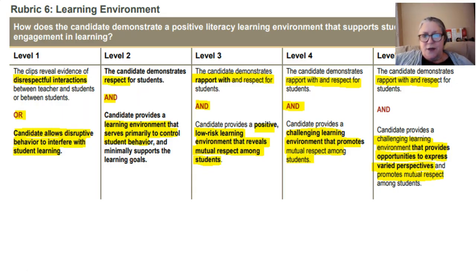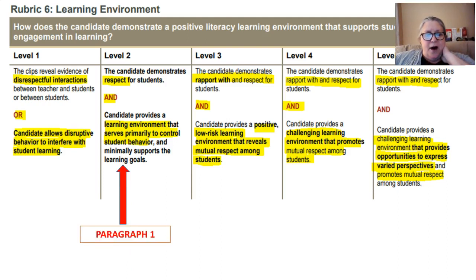So if you look at the learning environment, rubric 6, then we find some things here. First of all, paragraph 1 establishes that you did demonstrate respect. If that's all you've got, it's just a level 2. It's not enough for a 3. Look what it says here. Candidate provides learning environment that serves primarily to control student behavior and minimally supports learning goals.